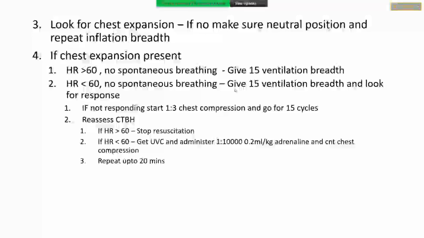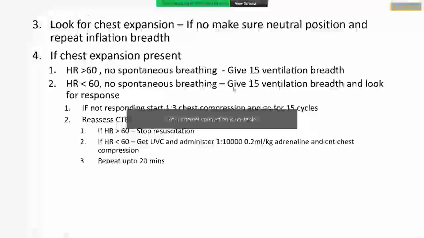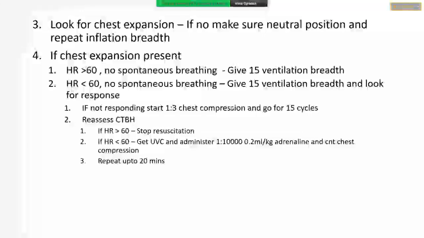CPR is started only after giving 15 ventilation breaths. We give 15 ventilation breaths initially, and only then start the chest compression. And we continue that 1:3 ratio for 15 cycles.